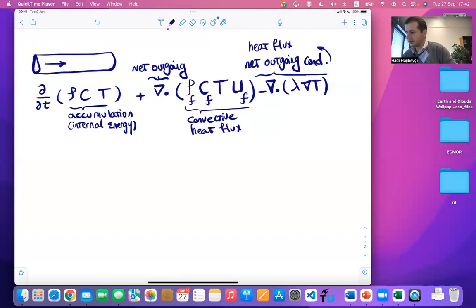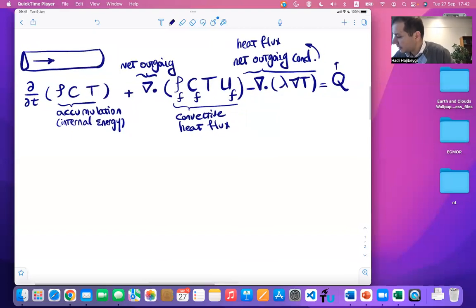So the rest is there. That will be equal to any source of external heat. So I call this the source of external heat. Assume there is no external heat in this system.